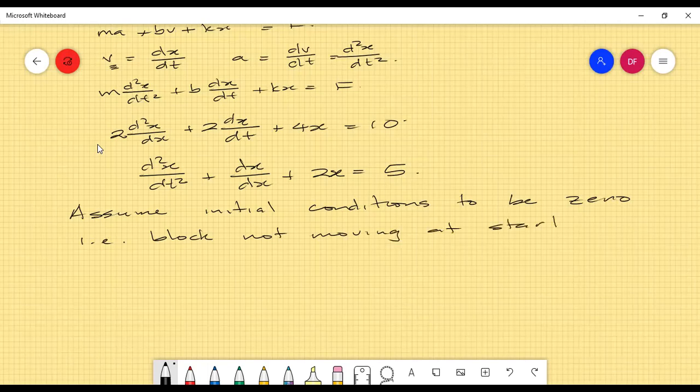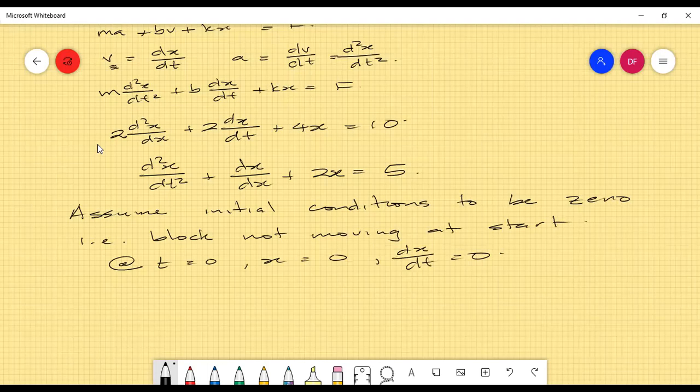Then what we're saying is that at t equals 0, x would be at the starting point and the velocity was 0. So now we have a set of equations that we can solve for our system.